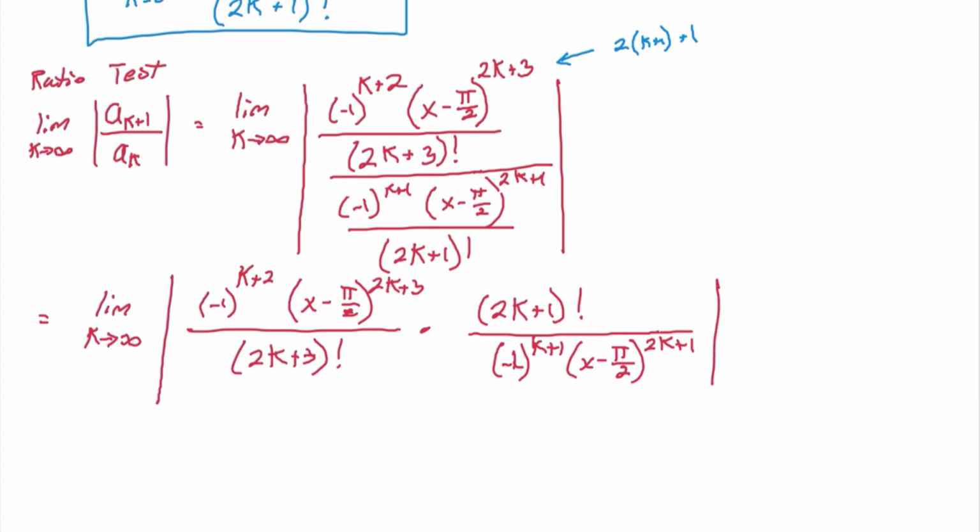And now we'll go through and see if any of this reduces. Really, the alternating part we can ignore since this is just inside absolute value. The negative is not going to matter. So let's focus on the others.